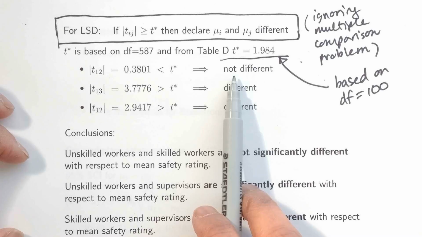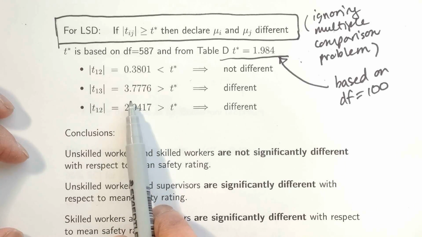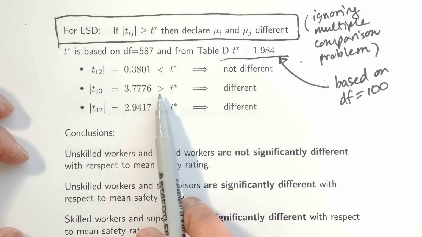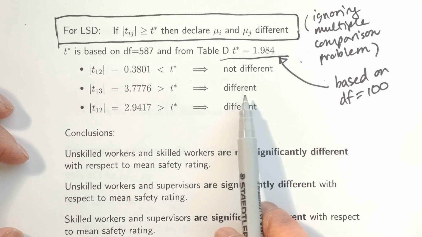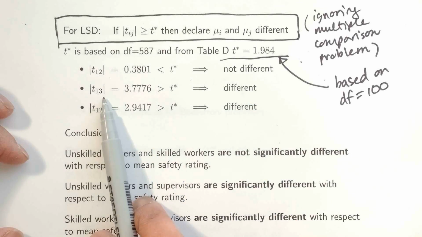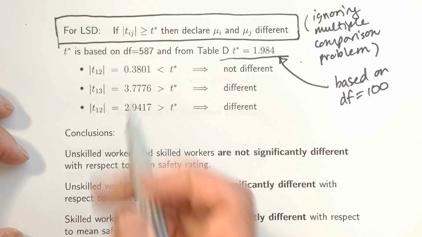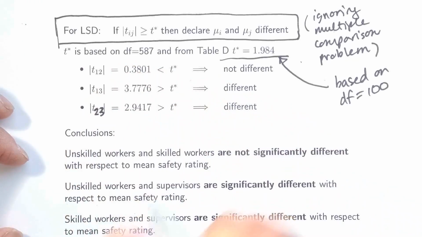So we say that groups 1 and 2, the skilled and unskilled, are not very different from each other. Comparing groups 1 and 3, the test statistic magnitude is 3.7776, which is greater than 1.984. So we will say that groups 1 and 3, the unskilled and the supervisors, are significantly different. And then the last comparison is groups 2 and 3.